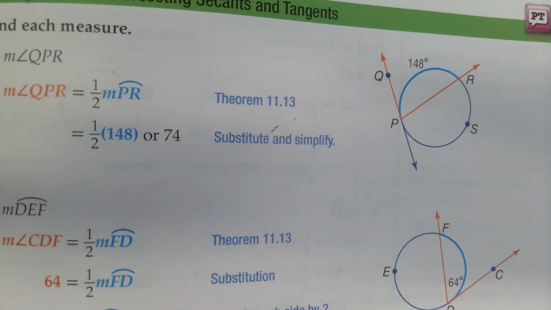We can also find the measure of this other angle: if this arc's 148, we subtract it from 360 to figure out this arc, and then this angle would just be 1/2 of that arc. Easy, right? Inscribed angles are 1/2 of the arc. The way we know that they're inscribed angles is the vertex of the angle is on the edge of the circle. Okay, here we go.